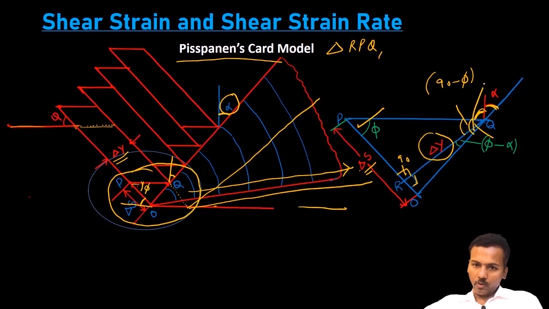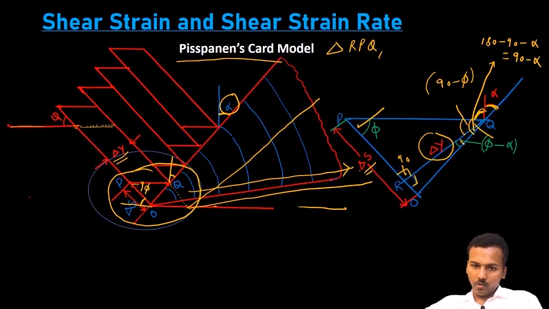Now we have to calculate further that it will be 180 minus alpha minus 90. So it can be written as 180 minus 90 minus alpha, that means 90 minus alpha.